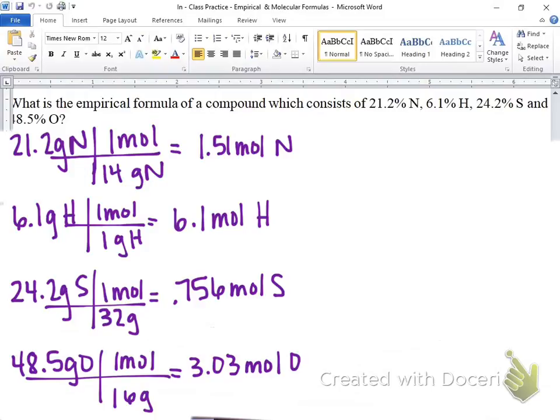So you pick the smallest one, which is sulfur, 0.756, the smallest number of moles, and we divide every single one by that. One of our ratios should always come out as a 1, because you should be dividing one of them by itself. Does that make sense? So we'll divide each one by 0.756.